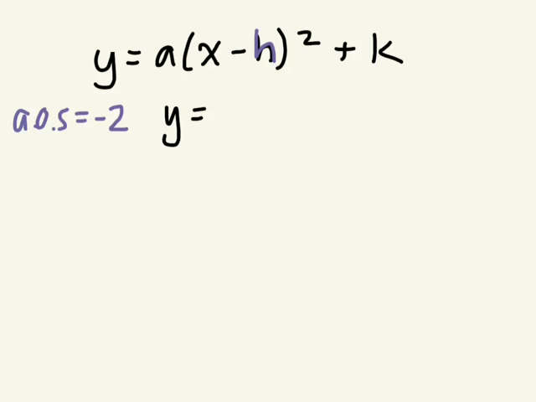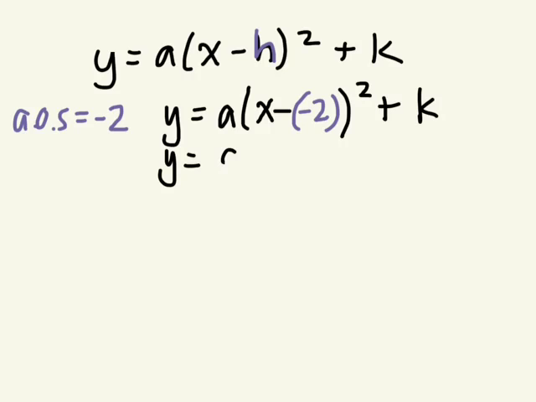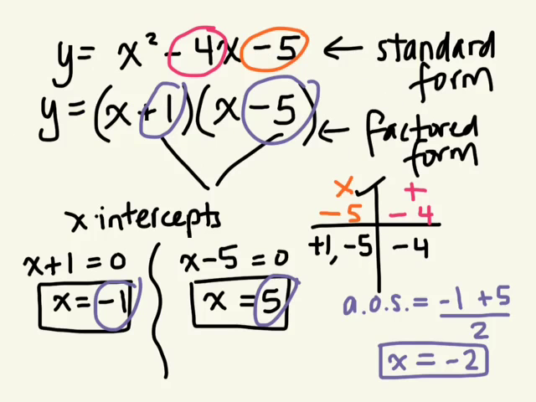y equals, do we know A? No. We just found that H is 2. Good. So if we subtract H, we're replacing just this H, right? So it's x minus 2 squared plus K. Sorry, we made a mistake here.